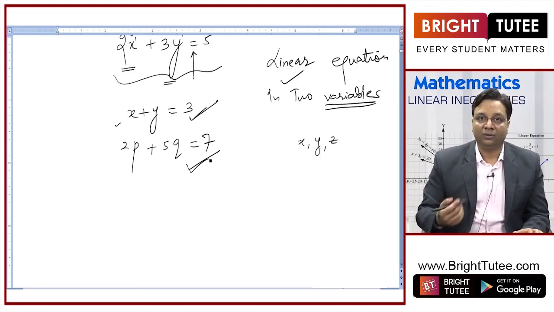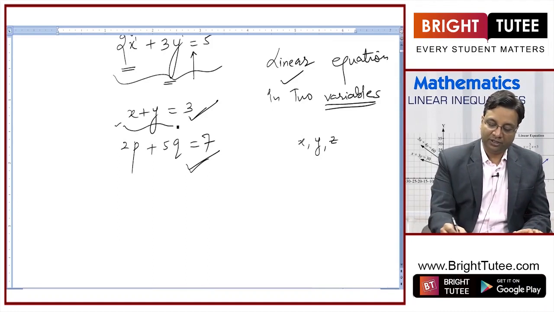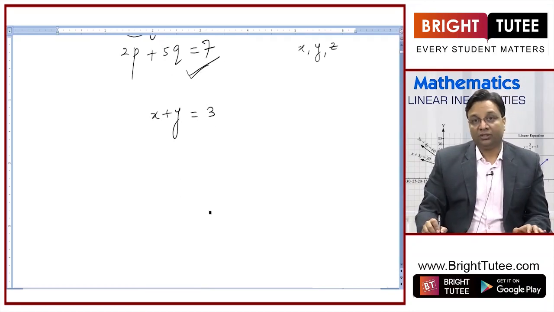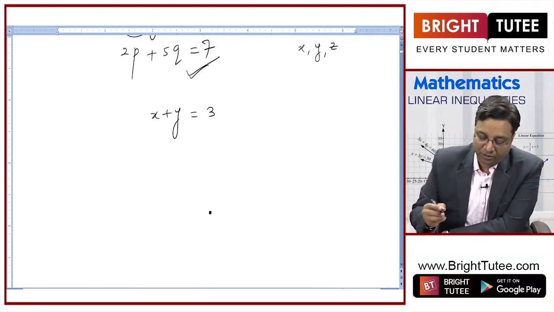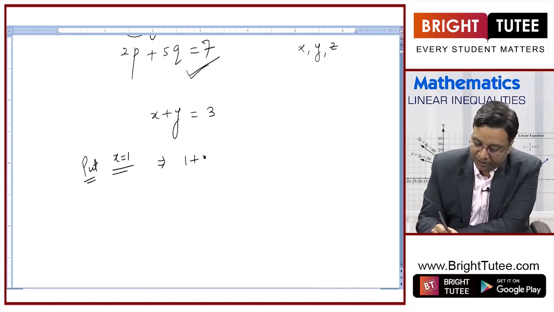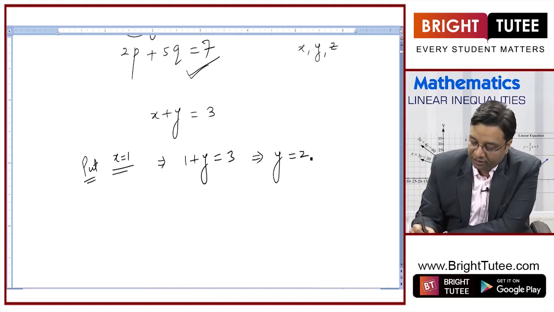Now if I talk about their solutions, for example, if I take this one, x plus y equals 3. If I talk about its solutions, how many solutions will be there? If I put x equal to 1, then this equation will become 1 plus y equals 3. Hence it will give me value of y as 2.